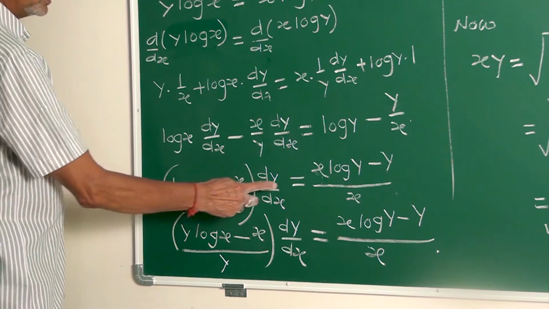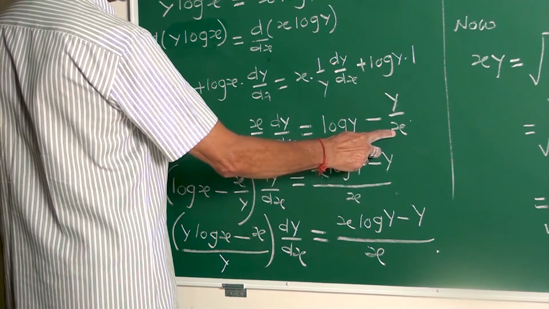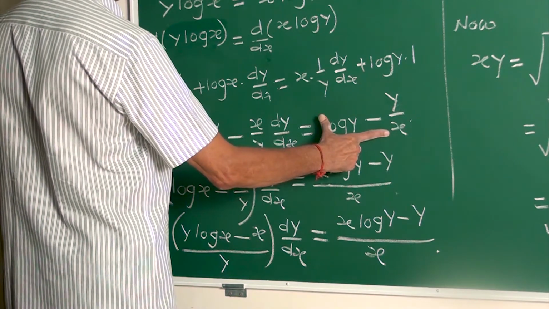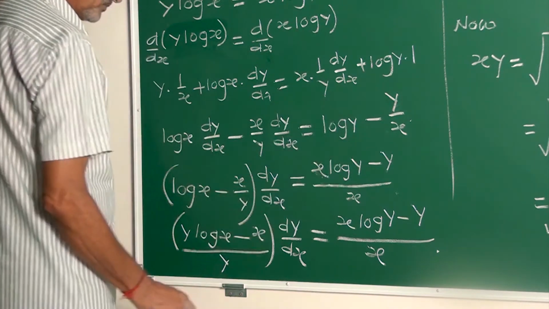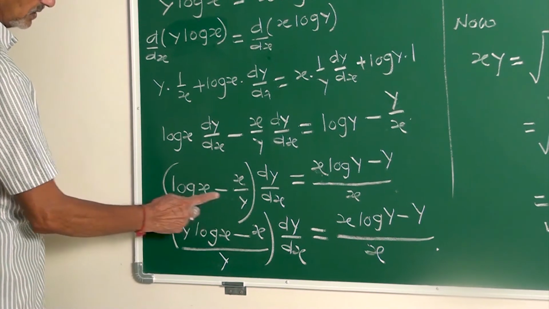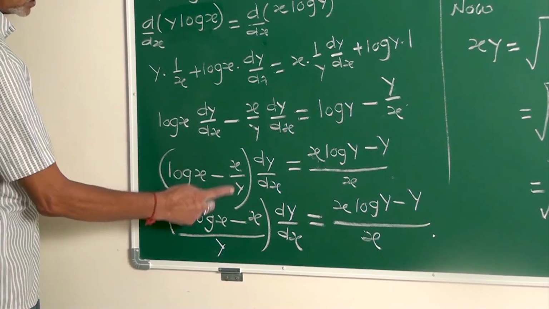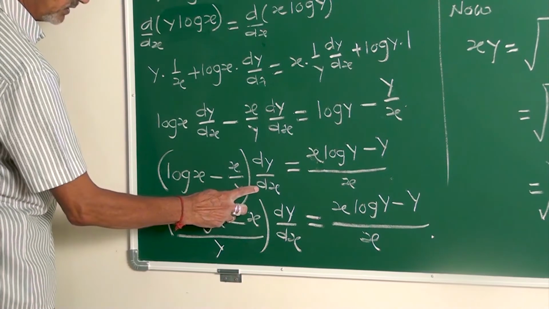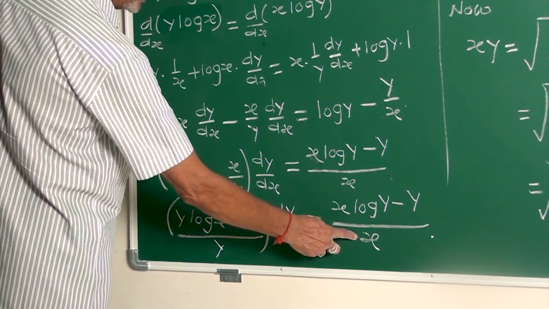Taking LCM y on this side, y log x minus x upon y into dy by dx equals x log y minus y upon x, with LCM x.